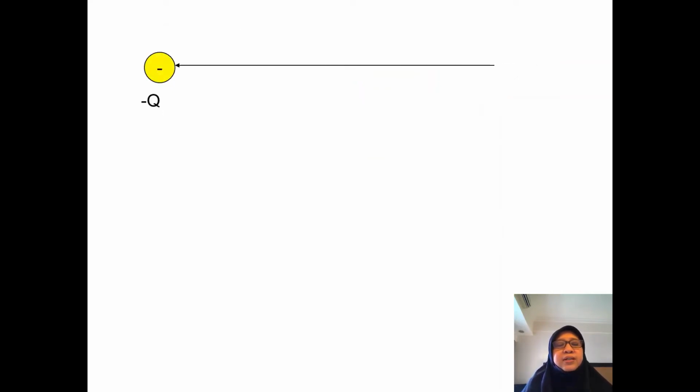Like I said just now, if this is a negative charge and we put a positive test charge here, what happens? It will be attracted to the negative charge. So the test charge experiences an attraction force, which means the direction of F is this way, so the direction of E is also this way.